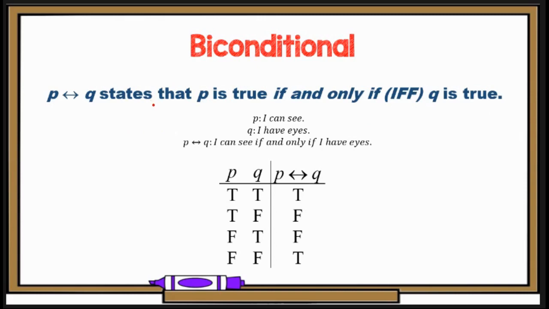This is the example I made. Proposition P, I can see. Proposition Q, I have eyes. So, P if and only if Q: I can see if and only if I have eyes. Let's look at its truth table.